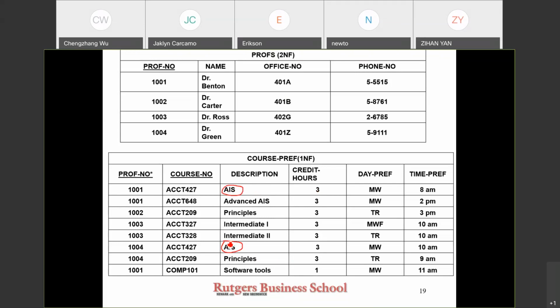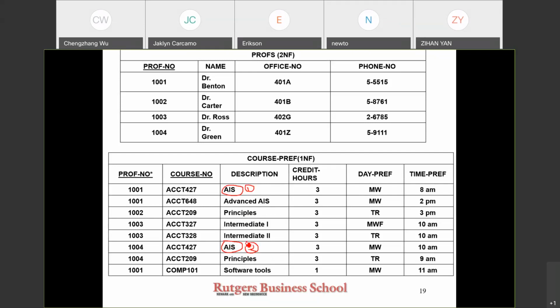Well, if you want to update its information, for example, you want to update the credit hours for this course. You change from 3 to 4, for example. You need to change it here, once for the first time, and change it here for the second time.